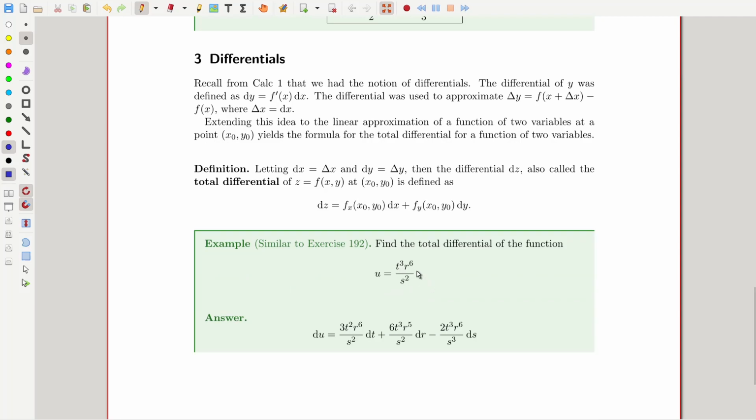So I created one that has three variables as well. The problem actually doesn't give you a particular point, so I did the same thing. Notice that in this definition, if you were basing it at the point x naught, y naught, then you'd be evaluating the derivatives at the point. But here, because we're not given a point, we just have the variables without any subscripts.